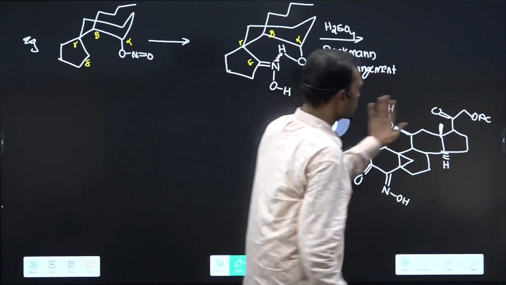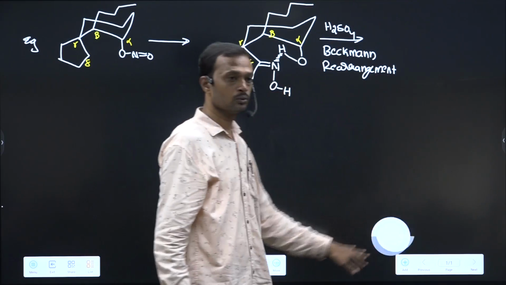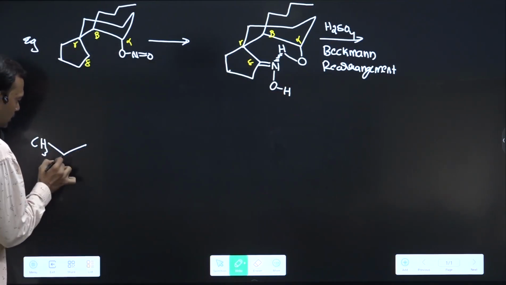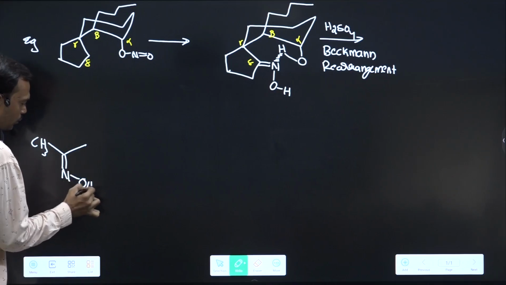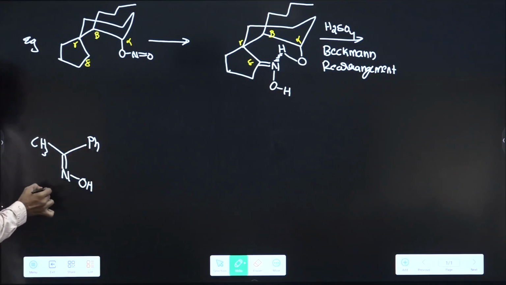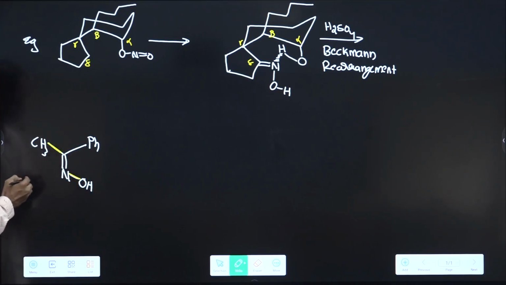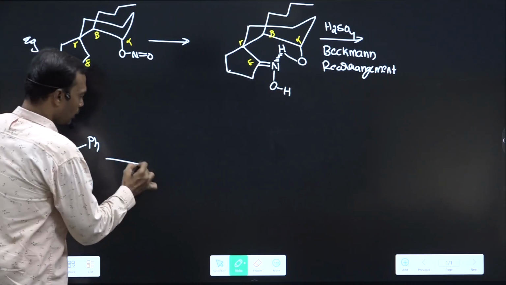So what is Beckmann rearrangement? Oxime to amide. Suppose this is CH3, here carbon nitrogen double bond and here OH is there, here Ph is present. Now this hydroxy and the group opposite to it both undergo rearrangement.